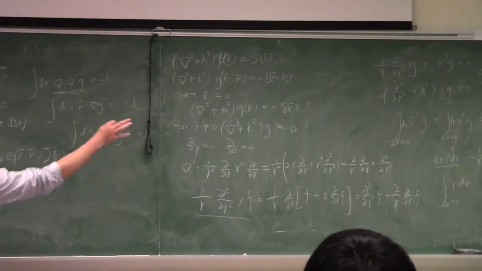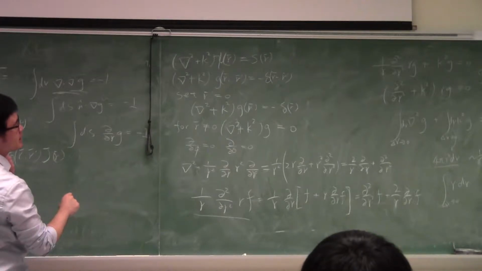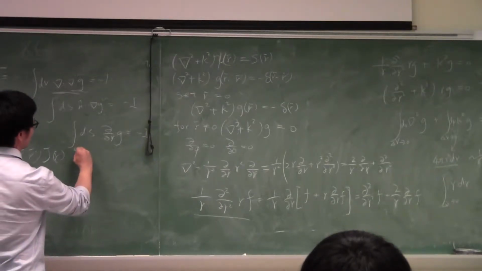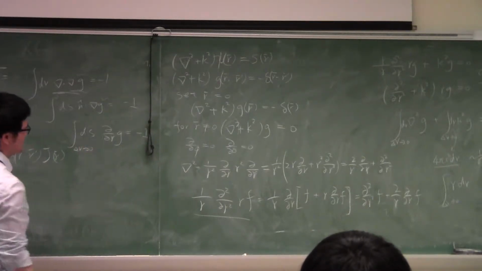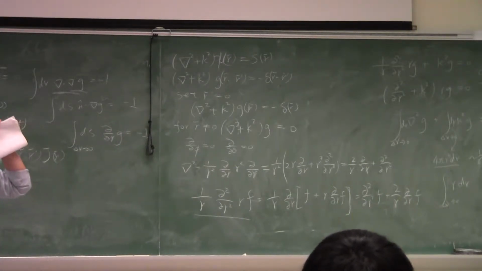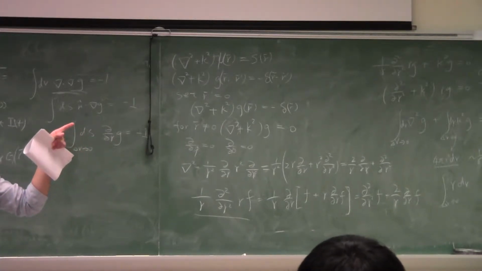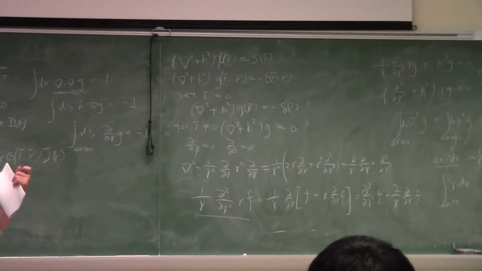So now we can put in that b times e to the ikr here. But keep in mind r is going to 0, so the exponential term will just become 1, because the distance is much smaller than the wavelength of the wave.